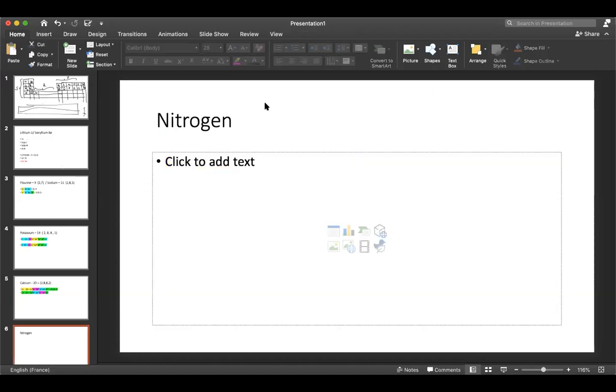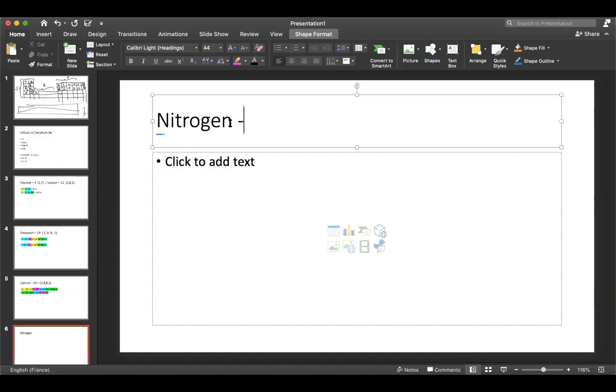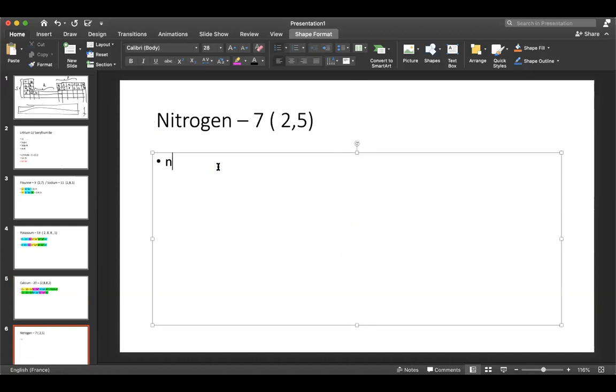Then the last one, which is nitrogen, 7. That's 2,5. So you say nitrogen, the atomic number is 7, so with the other method, 1s, 2s, and 2p.